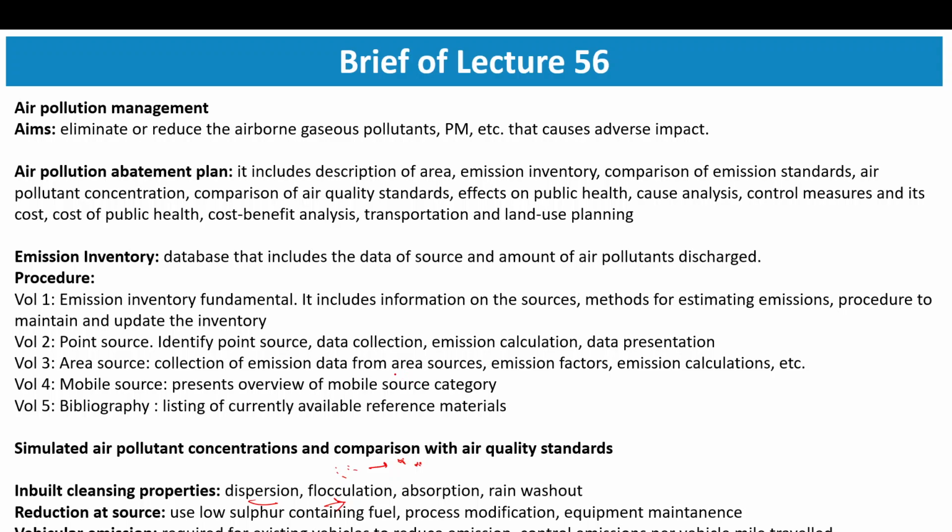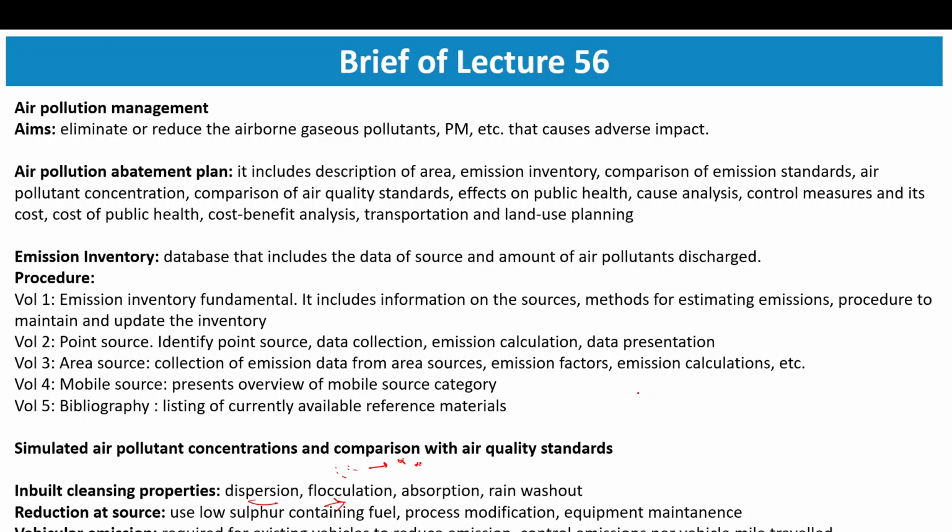Now, a further way to reduce the pollution would be to reduce it at the source itself, where you use low sulfur containing fuel, because using sulfur containing fuel results in SOx emission, which might be causing pollution of SO2 and so on. Then you might modify the process and have better equipment maintenance and so on.